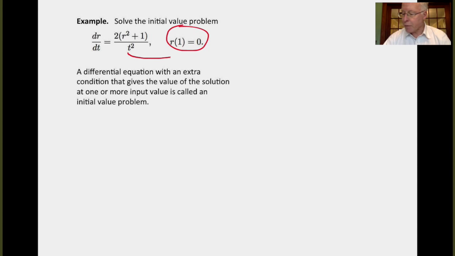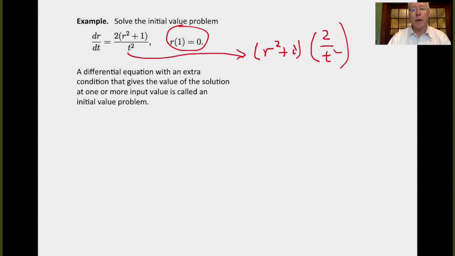By the way, this is a separable equation. Pretty easy to see that here, but you can separate this more formally as r squared plus 1, a function involving only r, and then times 2 over t squared. So a function of r times a function of t. Of course, the 2 could have gone anywhere. I could have moved the 2 out in front and let the 2 go with the r squared plus 1 portion also.